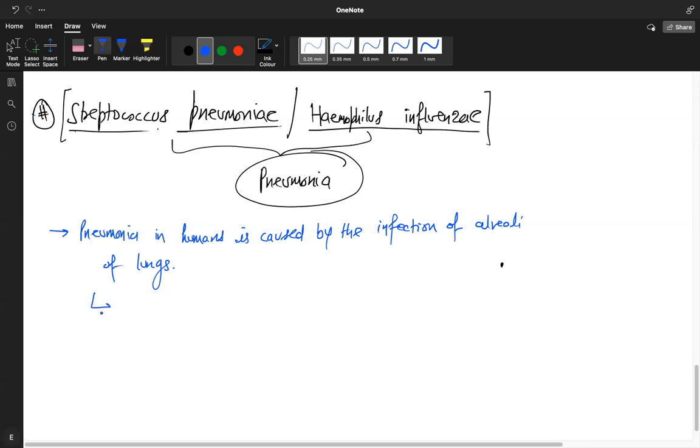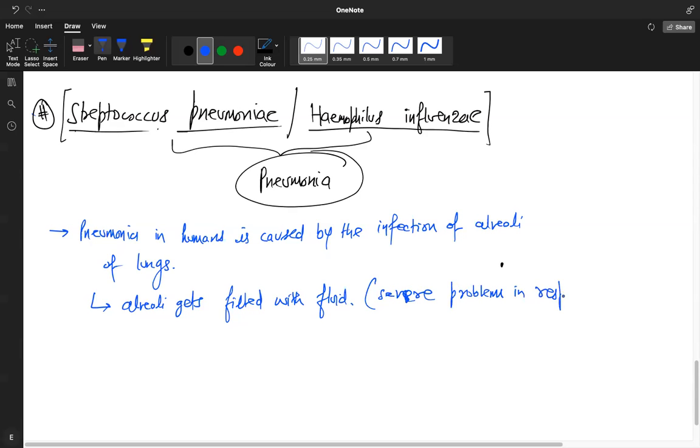Now you can write down: due to the infection, the alveoli get filled with fluid, which causes severe problems in respiration.